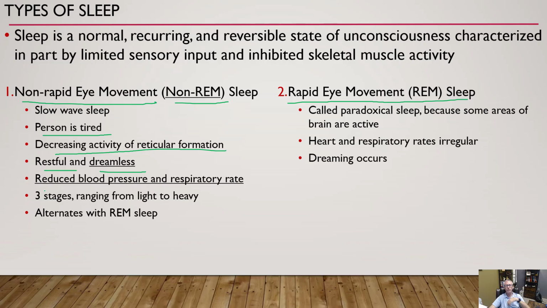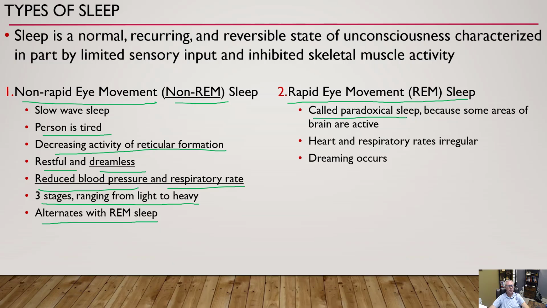We are regenerating, kind of replenishing. We have reduced blood pressure, reduced respiratory rate, reduced heart rate. We have different stages of non-REM sleep. And we go back and forth between non-REM and REM sleep throughout the night.